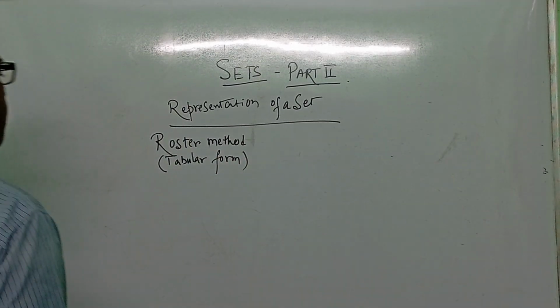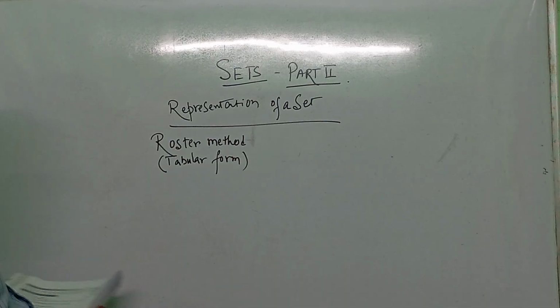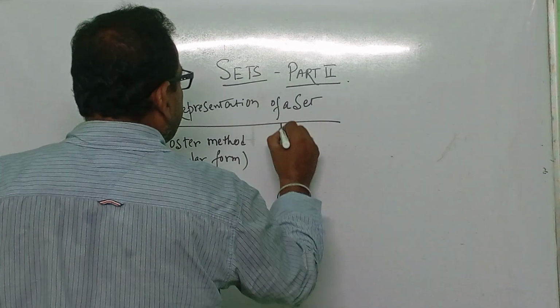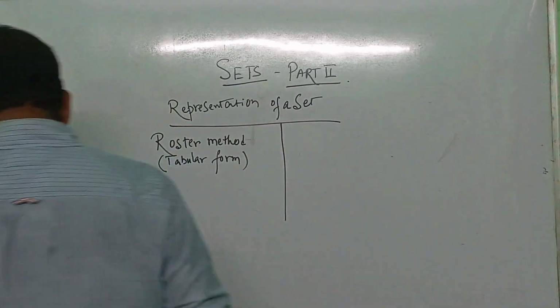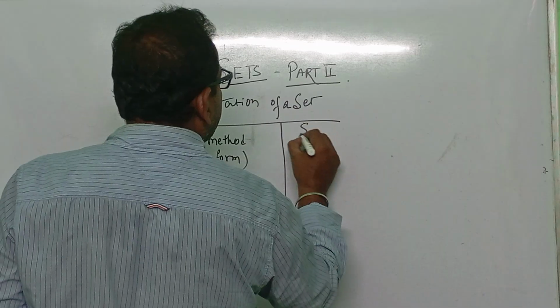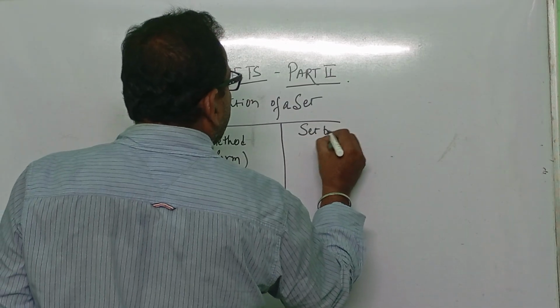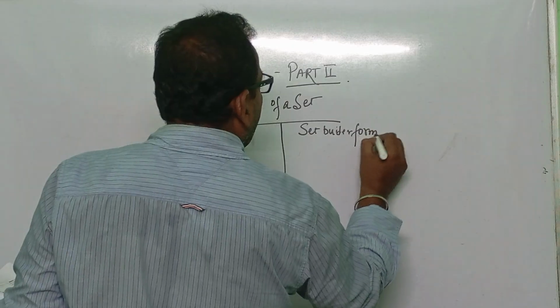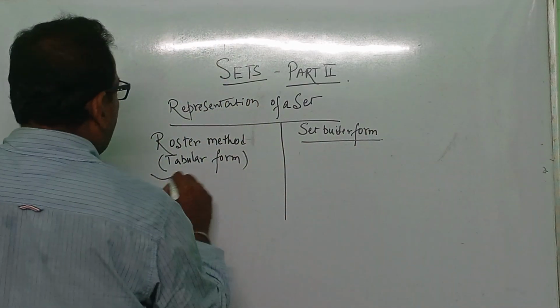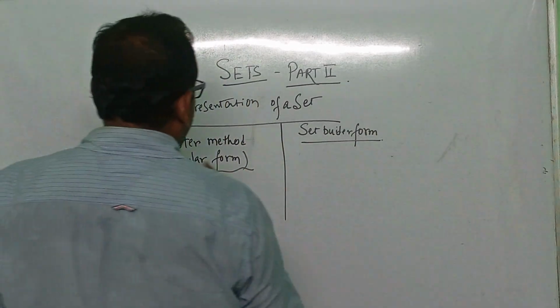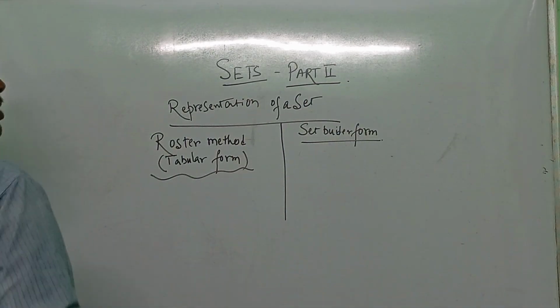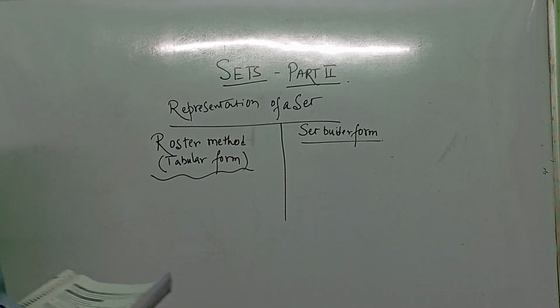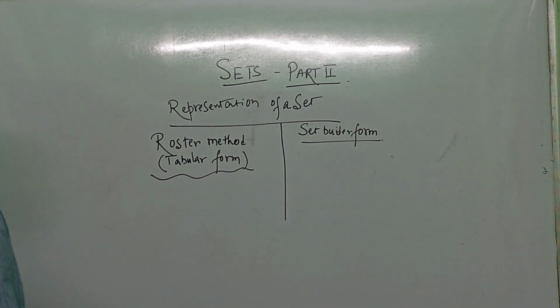Clear? And the other method is set builder form. Clear? One is roster method, tabular form, and the other is set builder form.